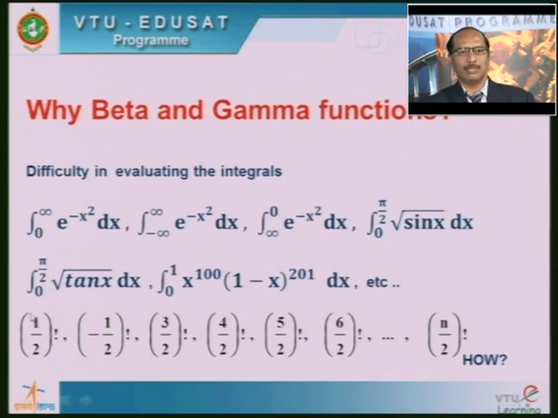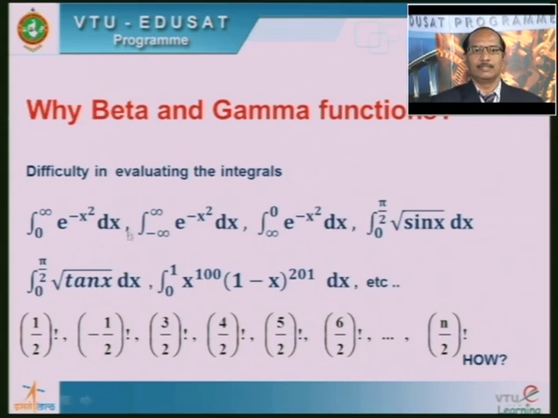But what about 1 by 2, that is 0.5 factorial? It is not possible in general. And what about minus 1 by 2 factorial, 3 by 2 factorial, 5 by 2 factorial? Any n by 2 factorial we can find using beta and gamma functions. That is why you need to study beta and gamma functions.